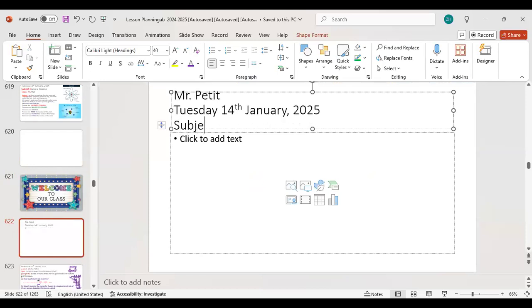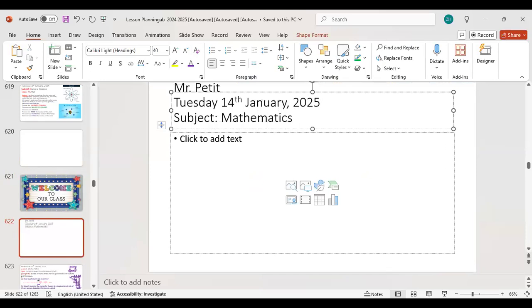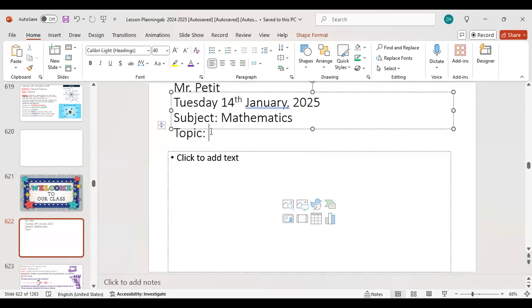The subject is, of course, mathematics. The topic is simple interest, part 2. We'll see how much of that we can get done today.